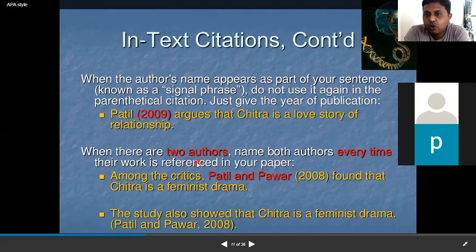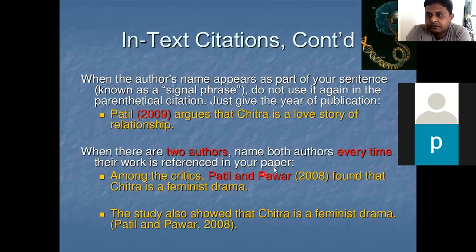In the case of two authors, see we have Patil and Pawar, these two authors, right? Patil and Pawar. See, among the critics, Patil and Pawar found that Chitra is a feminist drama.